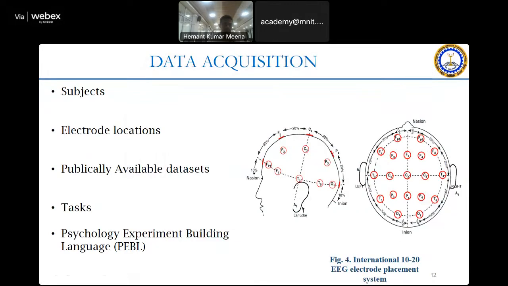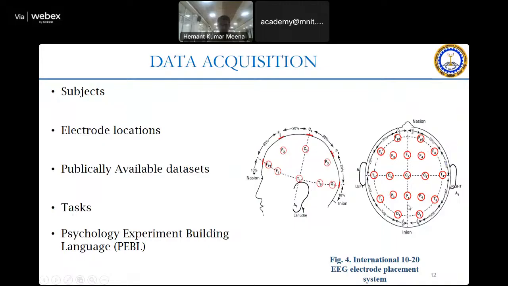Data acquisition. In one session we will see in detail how the data is taken, basically in our Sunday session. What is data acquisition? There are different electrode locations, publicly available data sets, tasks, and psychological experiment building languages.